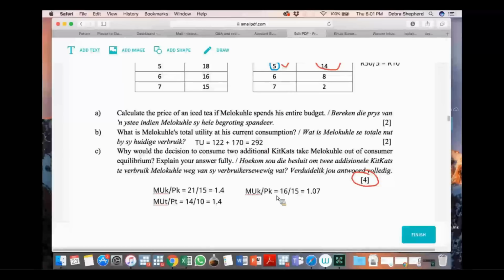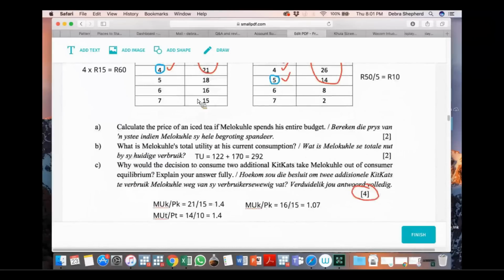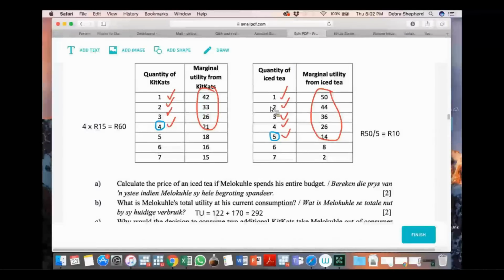Now, he can't just consume 2 more Kit Kats and still continue to consume 5 iced teas, right? Because if he's consuming 6 Kit Kats, it actually means he's spending 90 Rand on Kit Kats, because he's spending 6 times 15, which means if he consumes 6 Kit Kats, he's going to have to reduce his iced tea to 2.